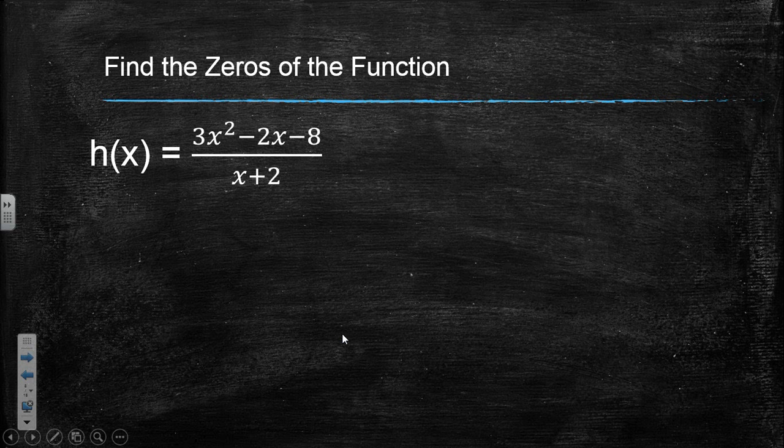Let's see if we can factor. Factors of 3x squared is 3x and x, right? Factors of 8: 8 and 1, 4 and 2. If I put a 4 here and a 2 here, I can get 4 and 2, which can get me 6, right? If I subtract them to get the negative 2.